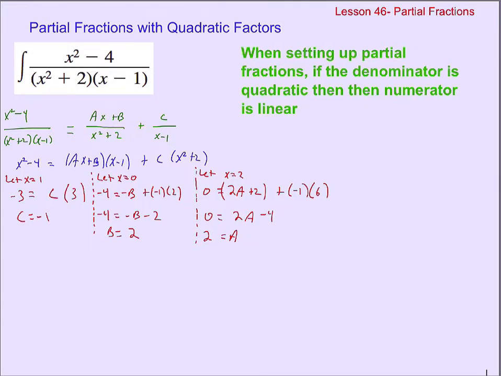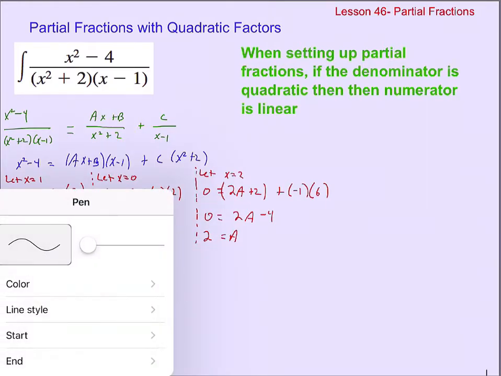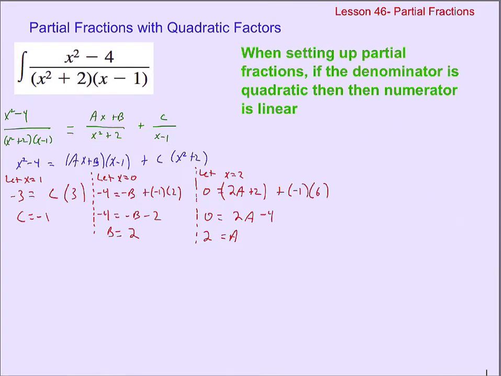And so we have done the partial fraction decomposition. We now know how to rewrite our original integral, the integral of x squared minus 4, oh my god, I forgot a dx, over x squared plus 2 times x minus 1.